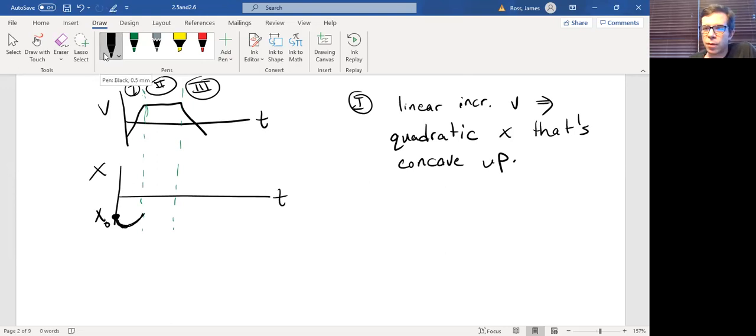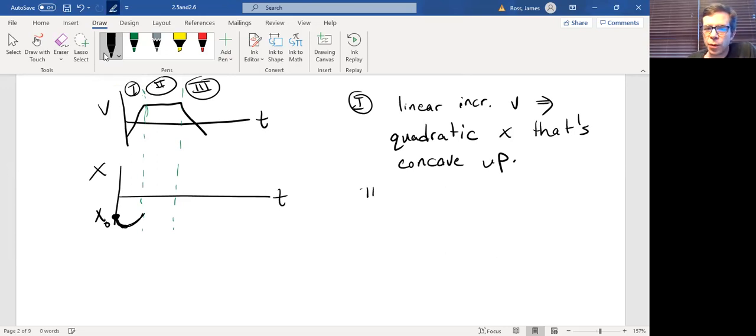So during this first part of our graph, we have something that's concave up the entire time. There's no point of inflection, but there is a 0 slope point associated to the 0 in v.